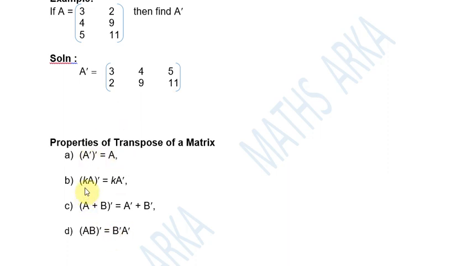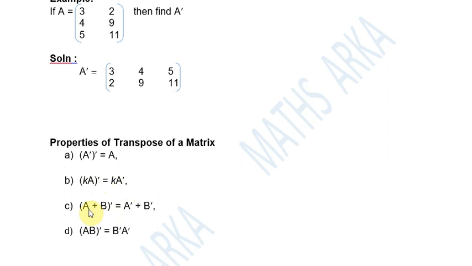Now second one is when we multiply a scalar with the matrix, that is K A, and we need to find the transpose of that. K, it is a scalar, it won't be affected by this transpose. So when we remove the bracket, K comes out safely, is the same as it was, and A has this transpose thing. So K A transpose is equal to K, same as it is, and A dash.